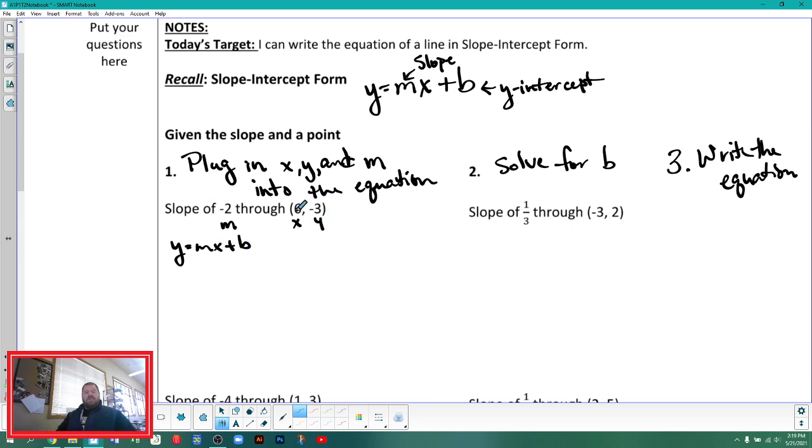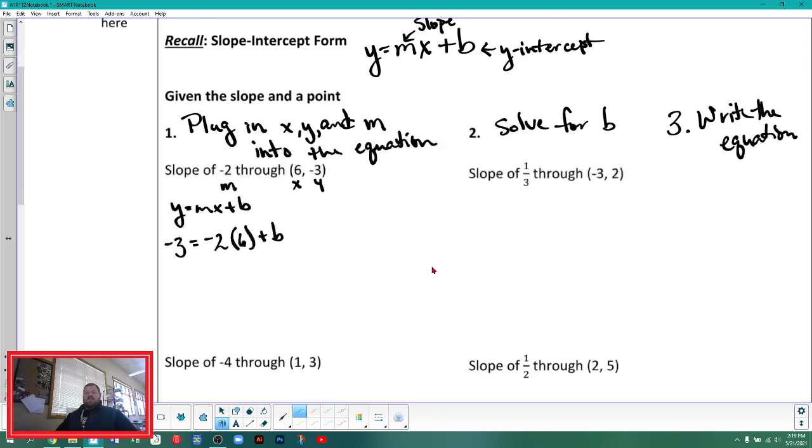Now this is a little bit tricky, but y is -3, m is -2, and x is 6. Now what happens here is that I've plugged numbers into my equation, and now my equation only has one variable. Equations with one variable, math is famous for solving them. Okay, so that's going to be our goal here, is to solve this equation for b.